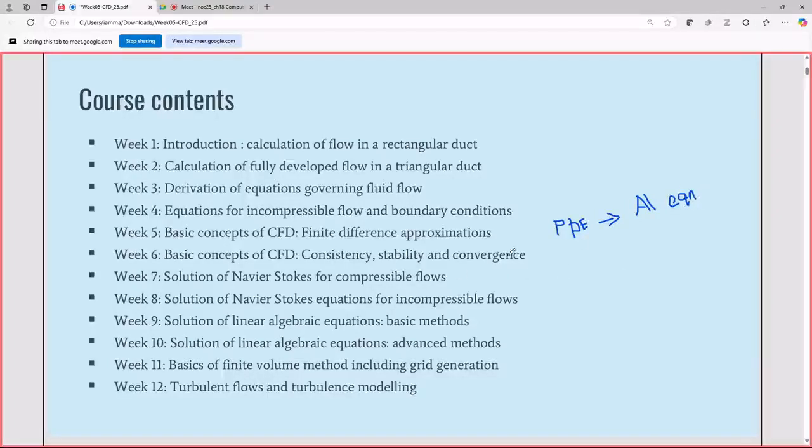So the finite difference approximations and the schemes related to it have been comprehensively discussed in the fifth week lectures. So with that background, let us move to today's live interaction session.